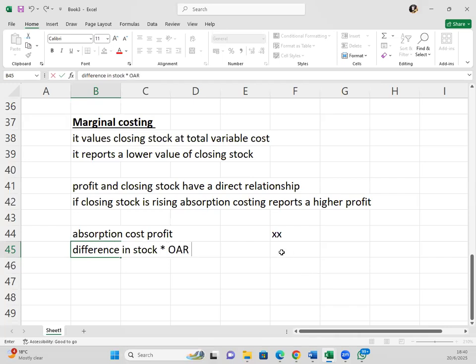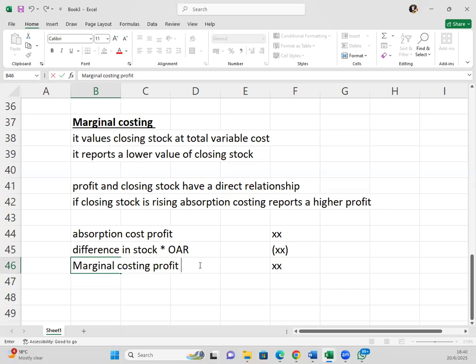We multiply the difference in stock by the OAR. If you subtract that, you get your marginal costing profit.